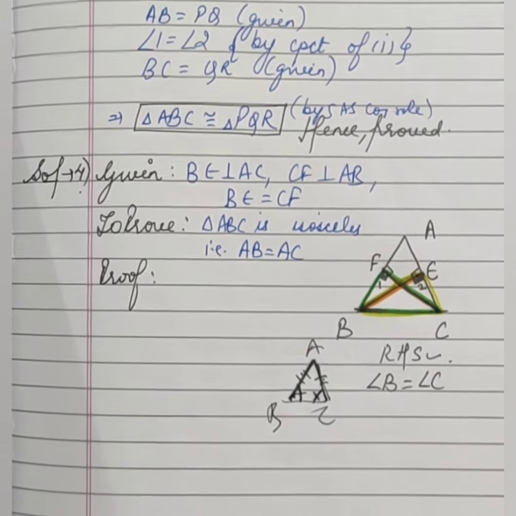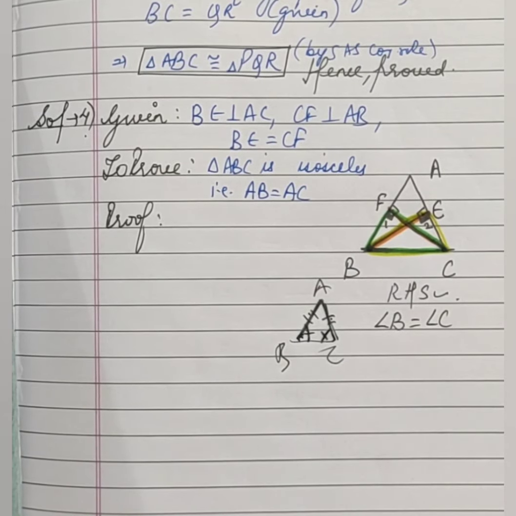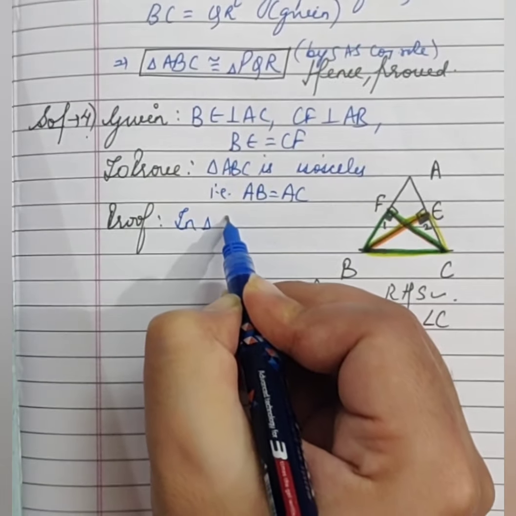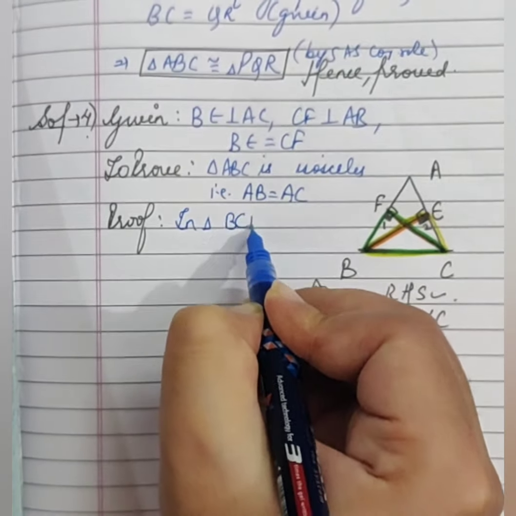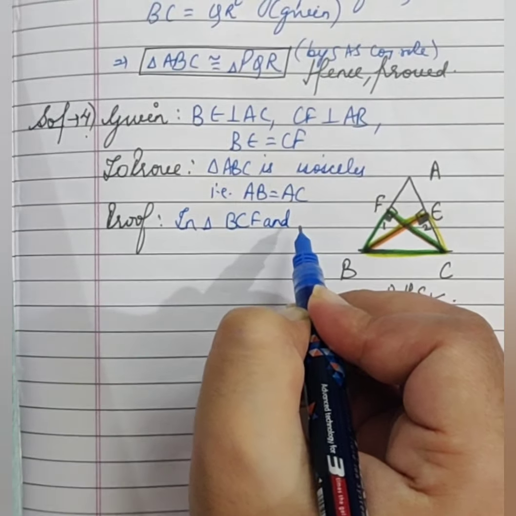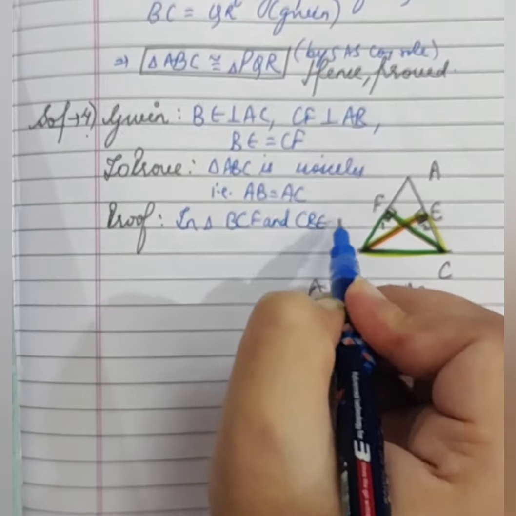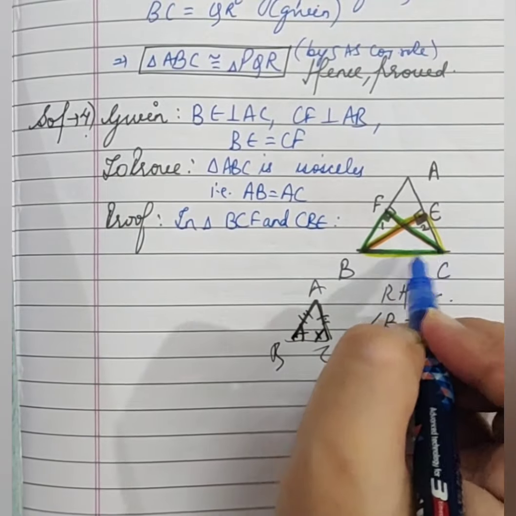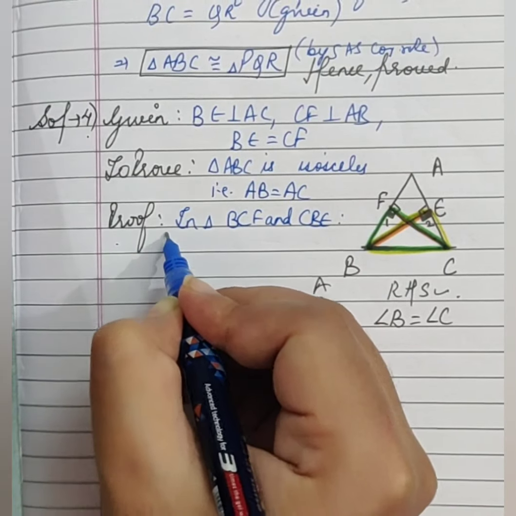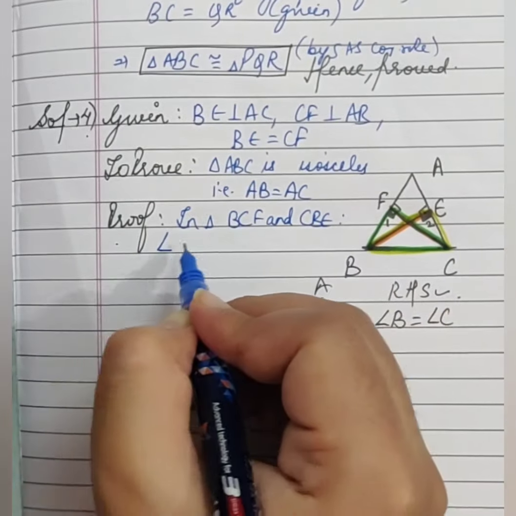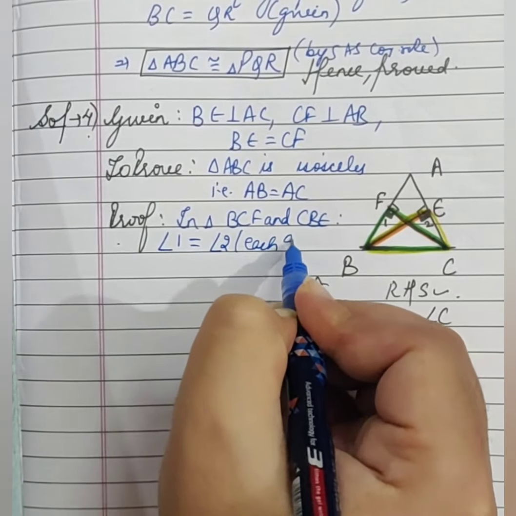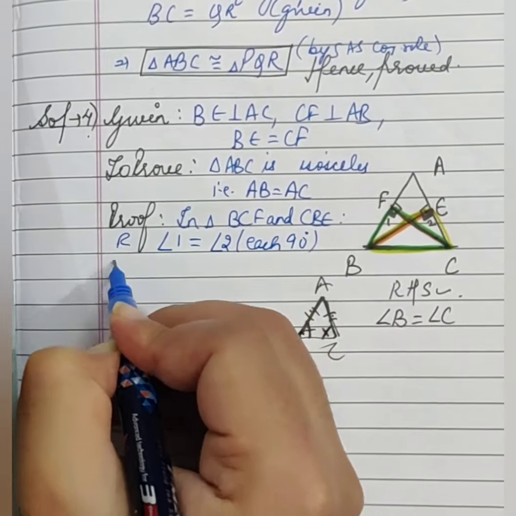Let's start writing its proof. In triangle BCF and CBE, that means I've taken green triangle first. So angle 1 is equal to angle 2, each 90. Keep in mind RHS.